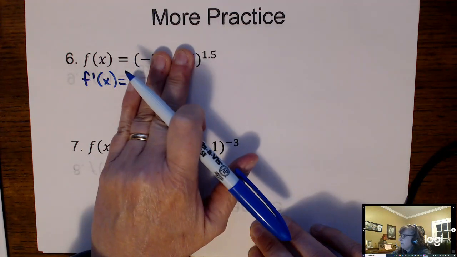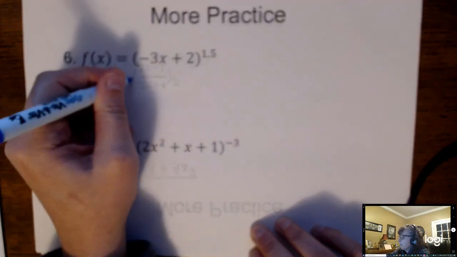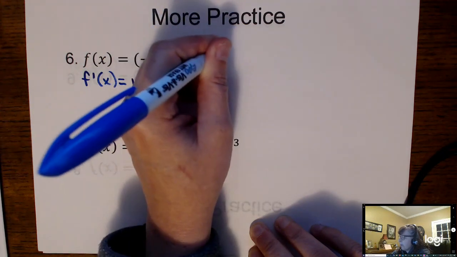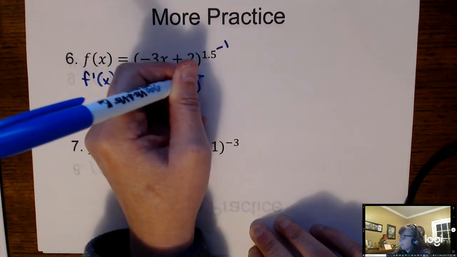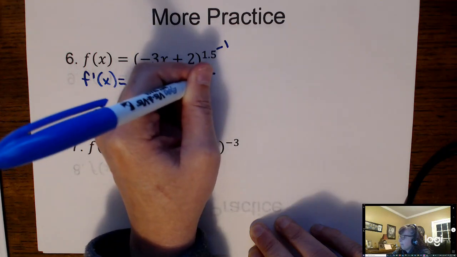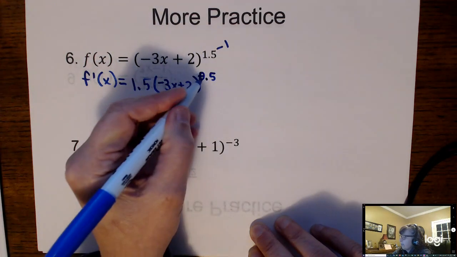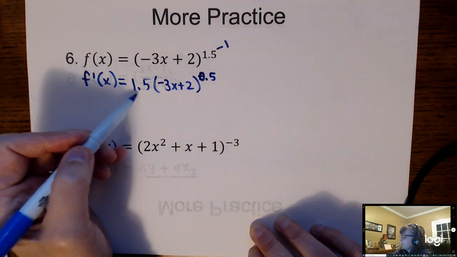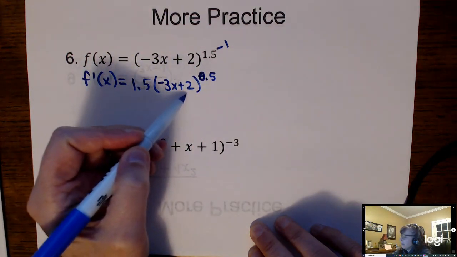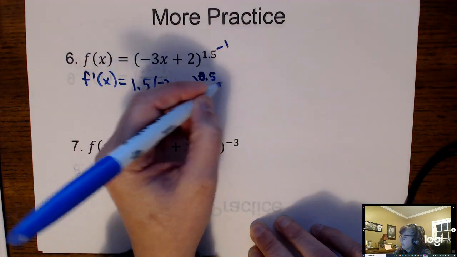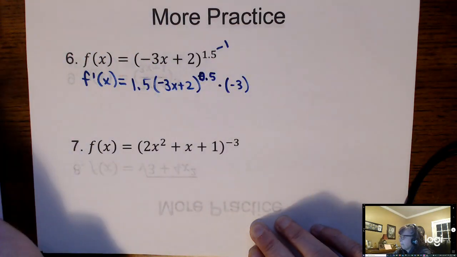U to the 1.5, this to the negative, subtract 1 and you get positive 0.5. So that's the derivative of the outside, positive 0.5. 1.5 times (negative 3x plus 2) to the positive 0.5 times the derivative of the inside, which is a negative 3.